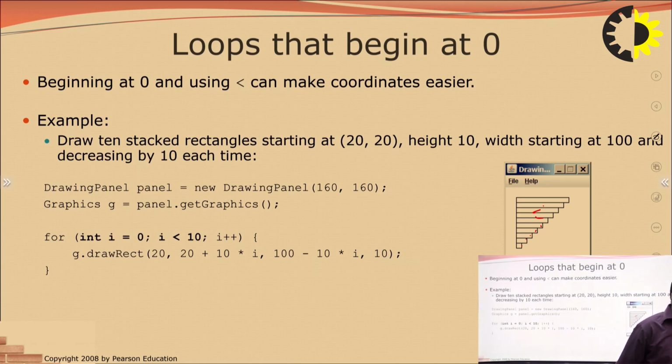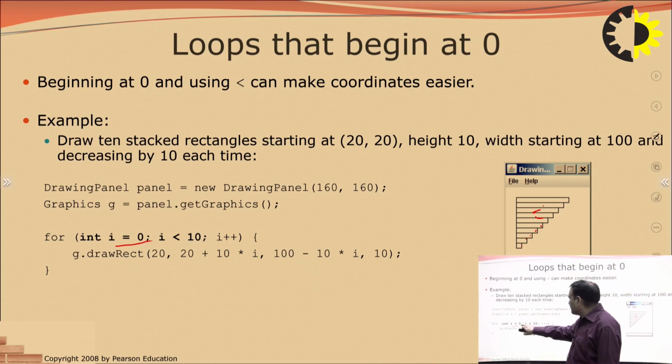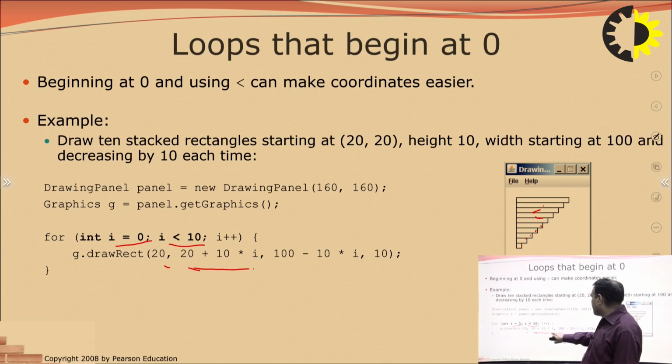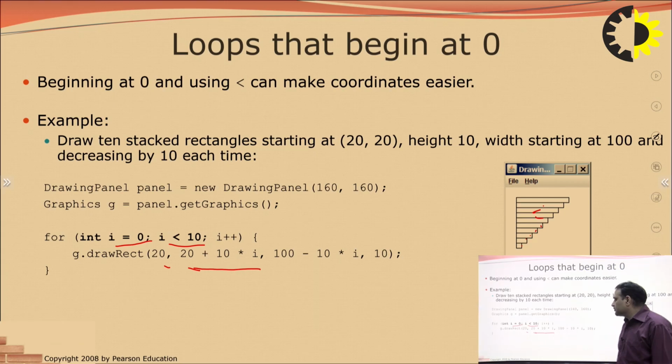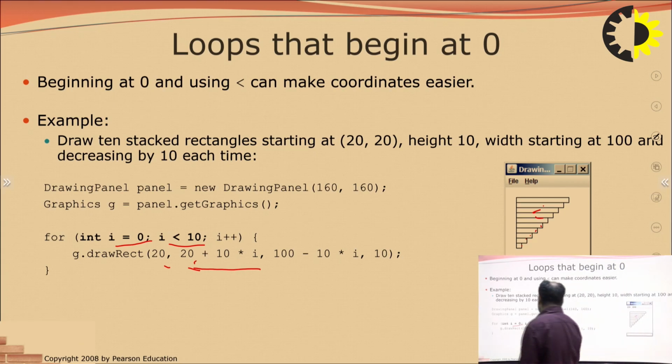Through the loop. Beginning at 0 and using less than can make coordinates easier. Here you can say i is equal to 0 and i less than 10, 20, 20, 20 plus 10 times i. For i equal to 0, the starting value is 20.